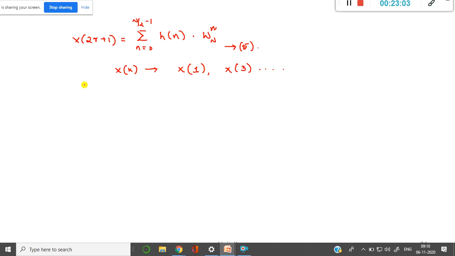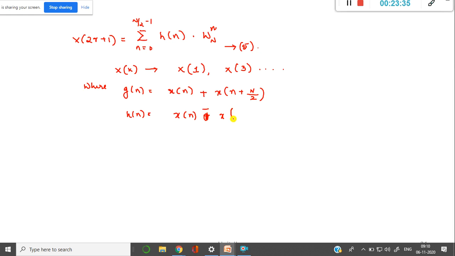Where g of n was the input, the first half sequence x of n plus the next half sequence, whereas h of n is nothing but x of n minus x of n plus N/2, sorry, it is not plus.